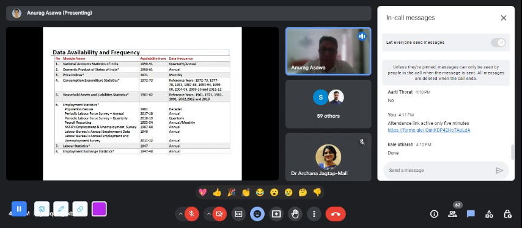And you can imagine that this data set is collected by the government every quarter, and in each quarter they cover almost 1 lakh households. So somebody who says I want to work on big data, in a year you will have 4 lakh observations.